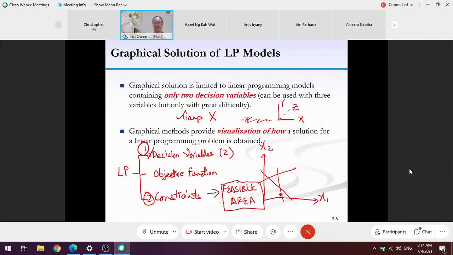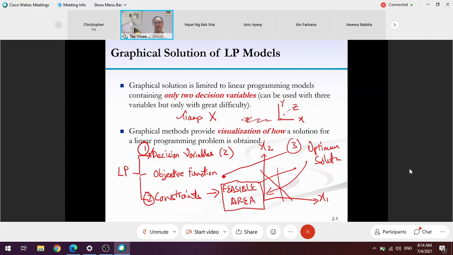Plot it. I'm going to show you later on, but I want to let you know the concept first. Then langkah ketiga, you find the optimum solution from the feasible area. To find the optimum solution, there are 2 methods, which I'm going to share with you later.